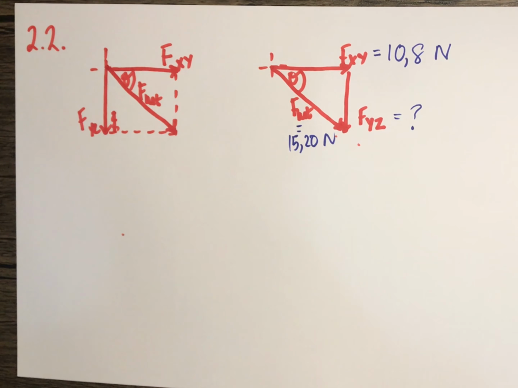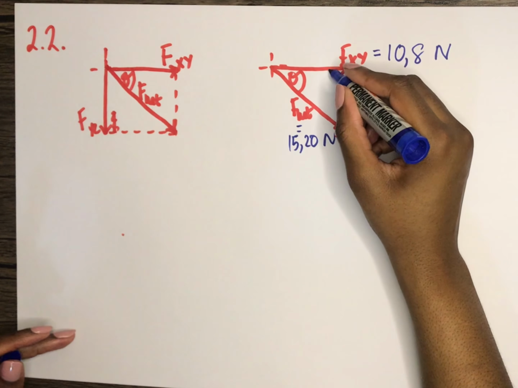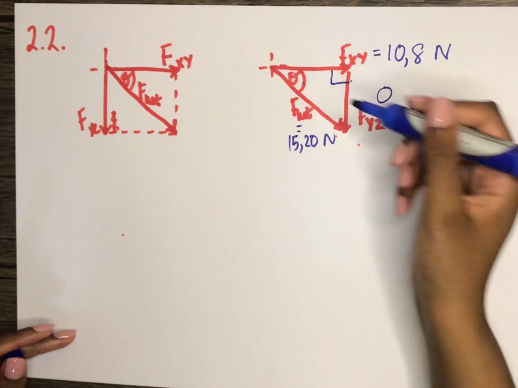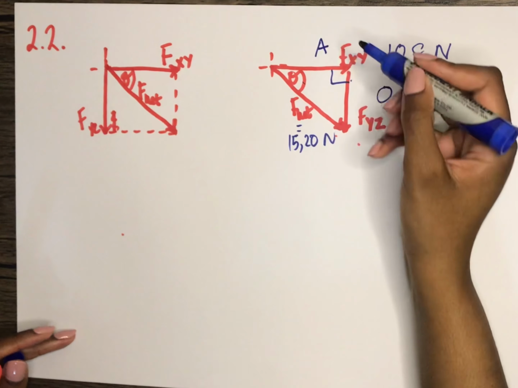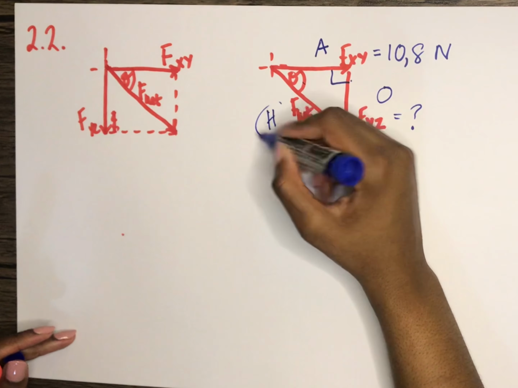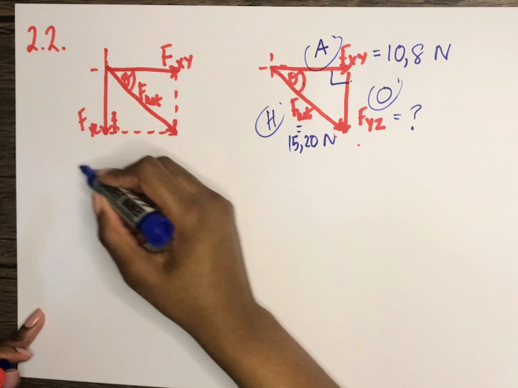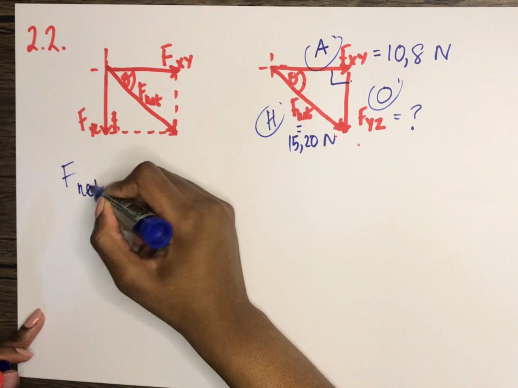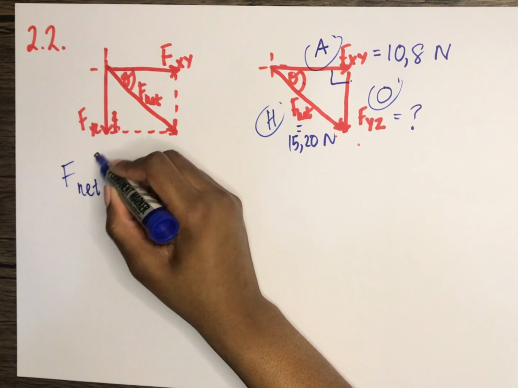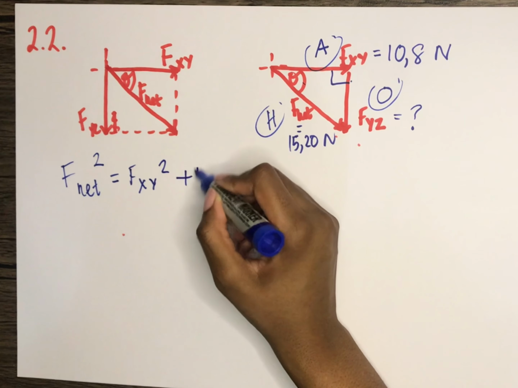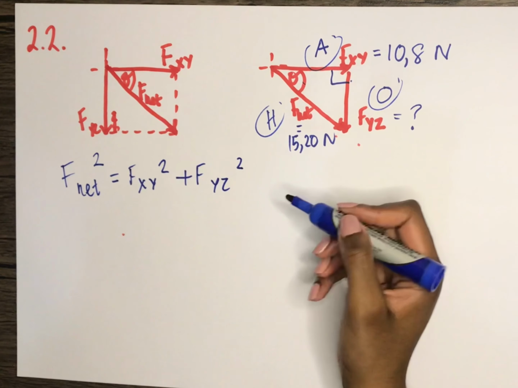So we know from Pythagoras' theorem that this would be a right-angled triangle. This would be your opposite side, this would be your adjacent side, and this would be your hypotenuse, right? So F net squared is equal to F_xy squared plus F_yz squared.